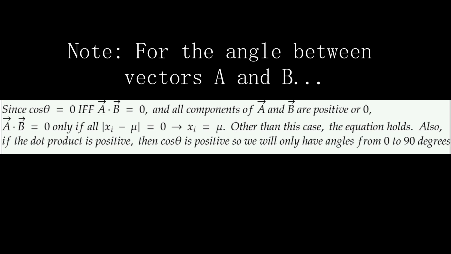In this case, every data point in the set would be equal to the mean. But other than this case, the equation will hold. And also, if the dot product is positive, then cosine of theta is positive, so we'll only be dealing with angles from 0 to 90 degrees.